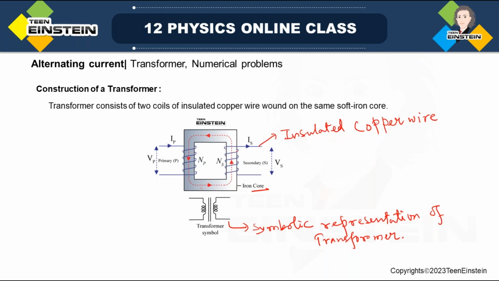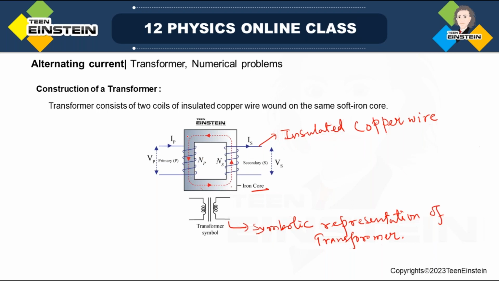This is actually very, very interesting. The two coils are wound on the same soft iron core. You look, this is the core, and electrically these two are not directly connected, but they are somehow connected. You can see that.